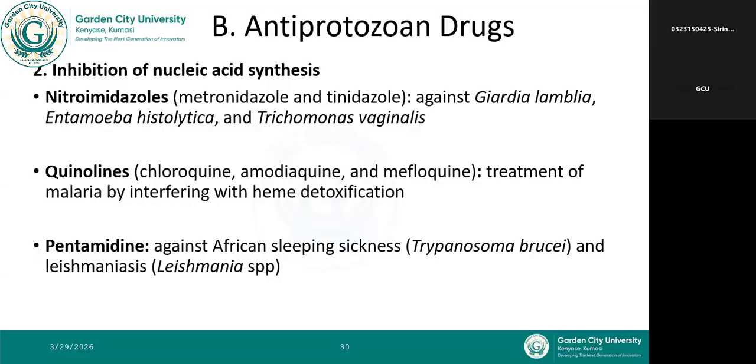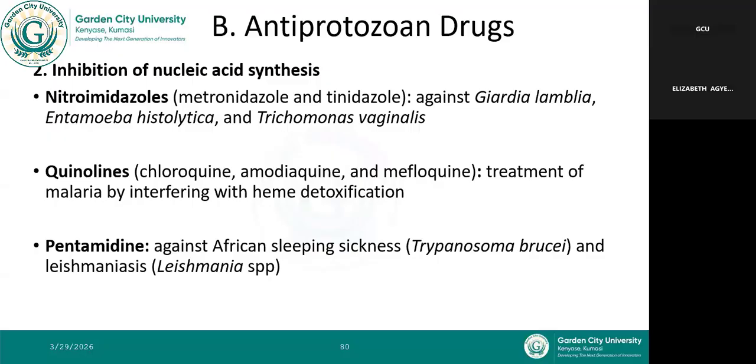Is it the same as some syrups that are bitter, that they have to add some sweetness to before you can take? So it's all part of the packaging. But the purpose is to make the drug get to its target.